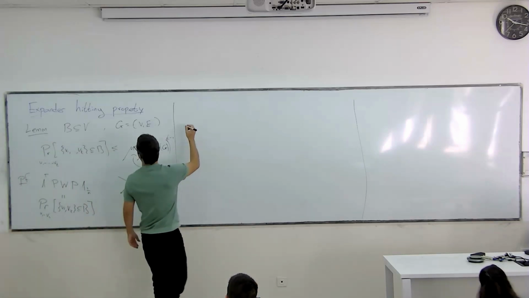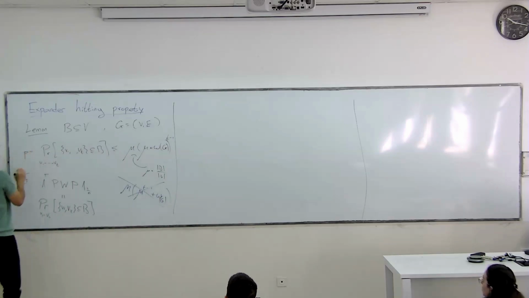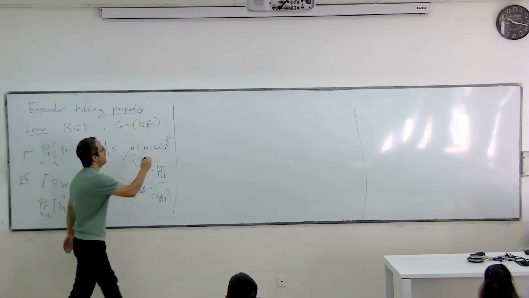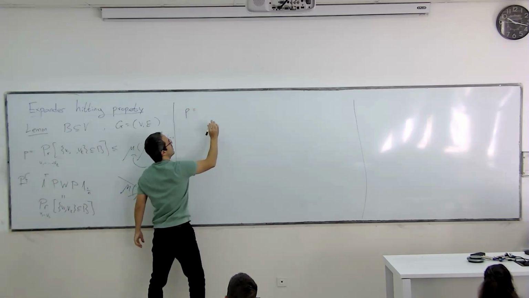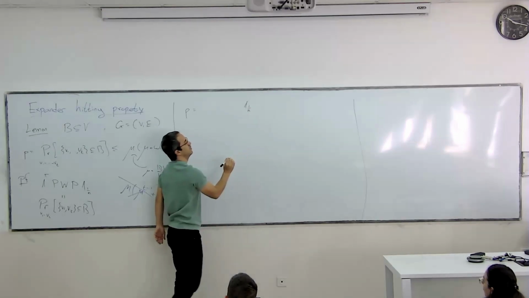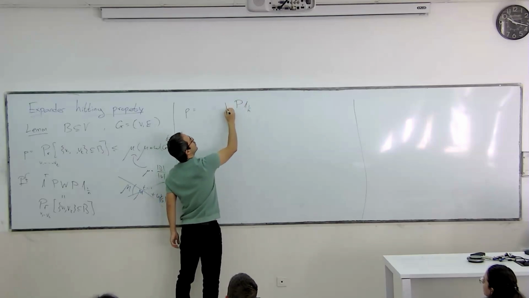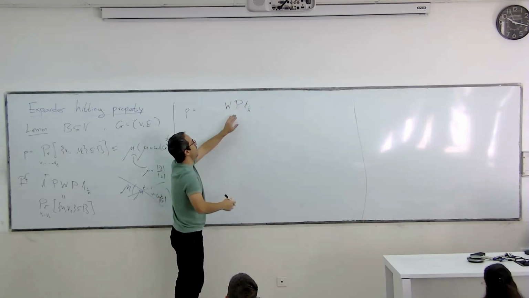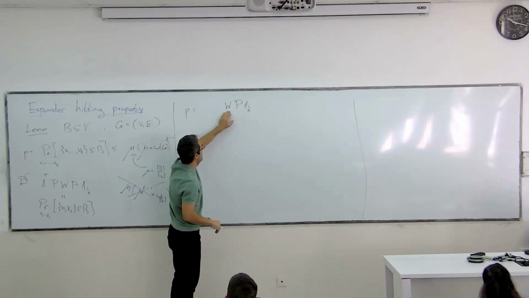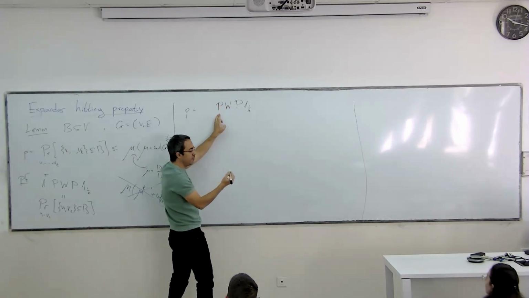Exactly. So in general, maybe let's call this thing little b, for below the 9. So little b is exactly as what we did before. So you start uniform, and then you do a P step, then you take a random step, and then do a P, and then take a random step, and so forth.